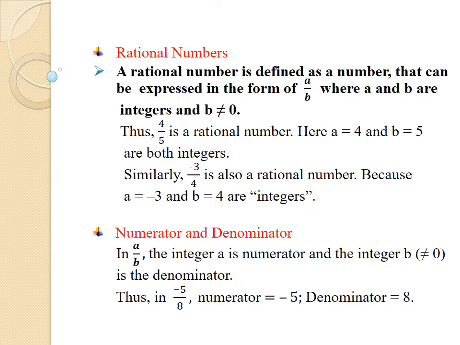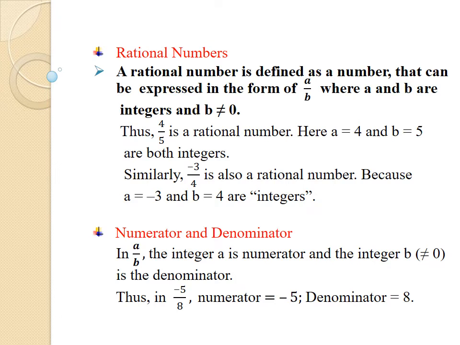For example, 0.6 equals 6 upon 10. 0.666 equals 666 upon 1000, etc. Now, numerator and denominator.